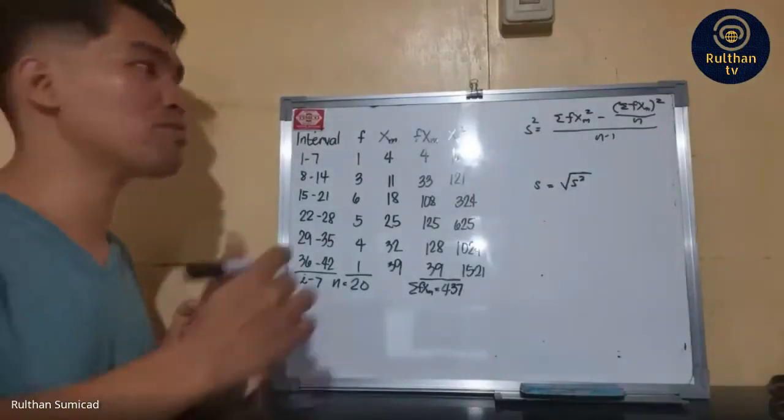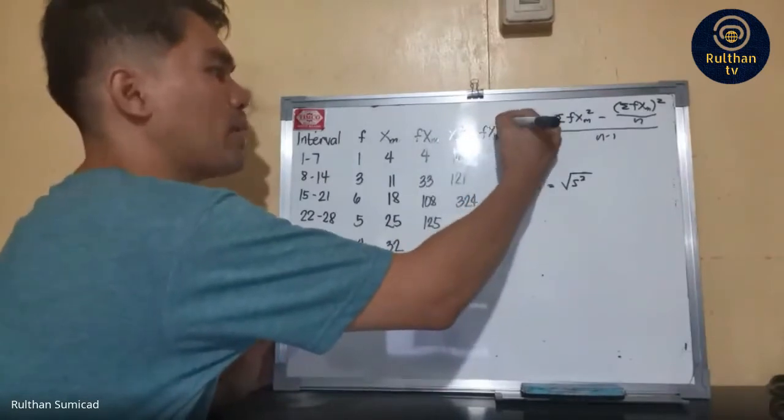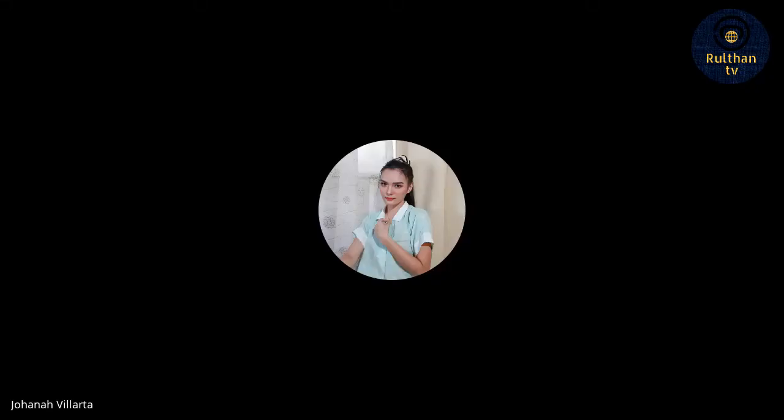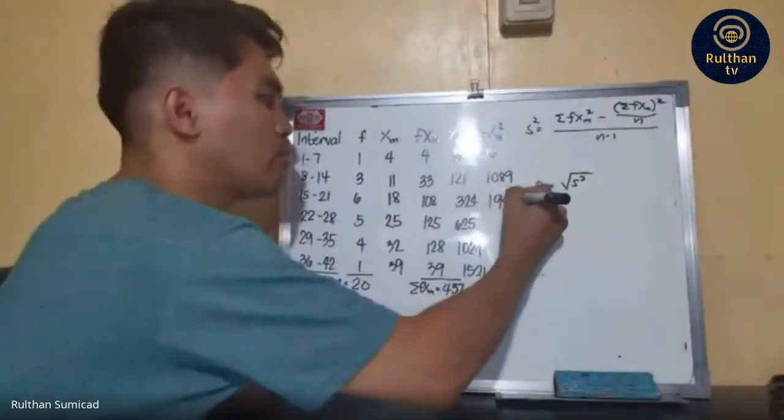The next column is the product of the frequency and the squared midpoint. 16. Next, 1,089. 11,664? 625? Sir, I think it's 1,944.